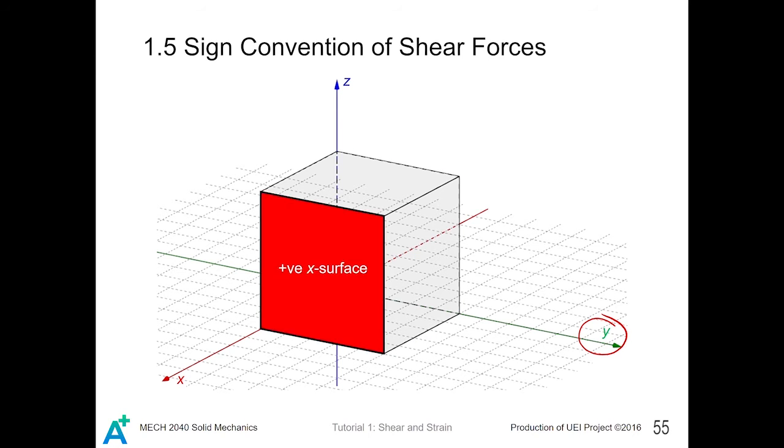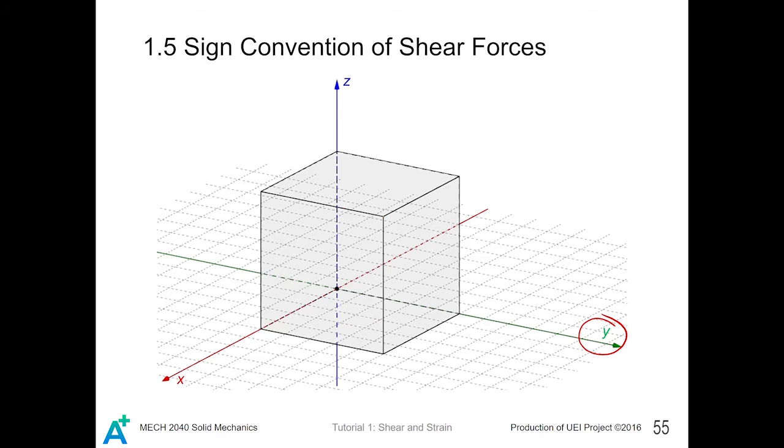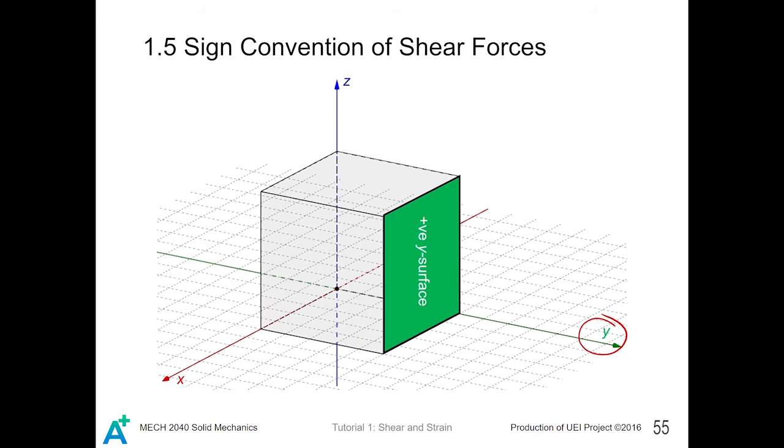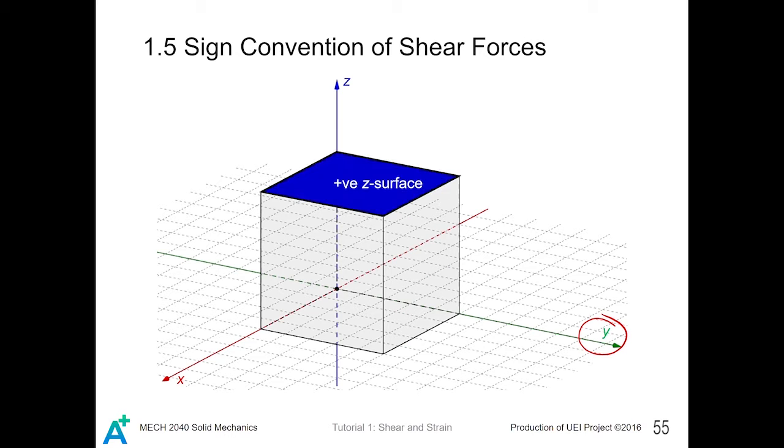Let's play again. This is the positive x surface, positive y surface, positive z surface. So those surfaces facing us, where the axis is the outward normal, are positive.